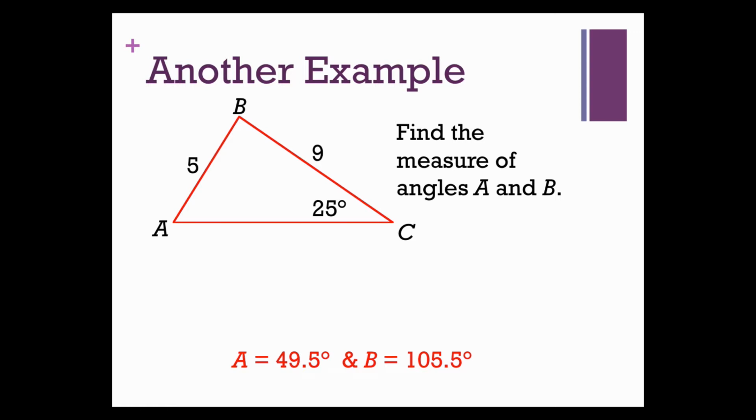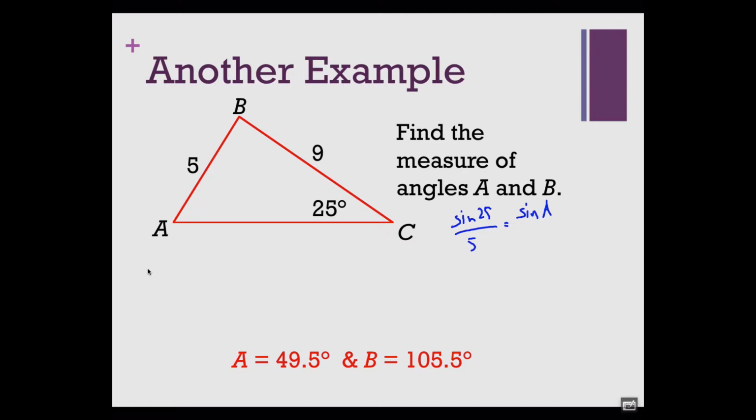Let's set this up and solve it because some of you look confused. Okay, so Deb, tell me what you set up. Sine of 25 over 5 is equal to sine of x, and x is the angle A, how about we call it angle A?